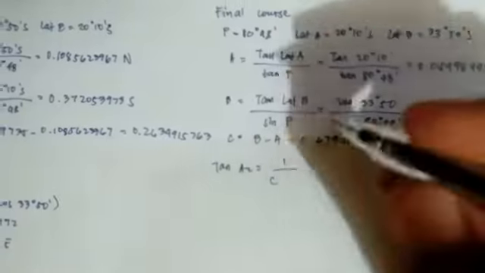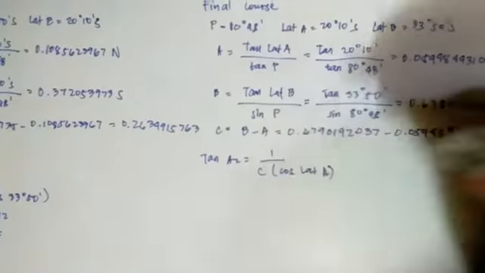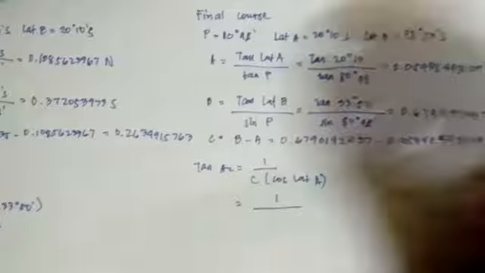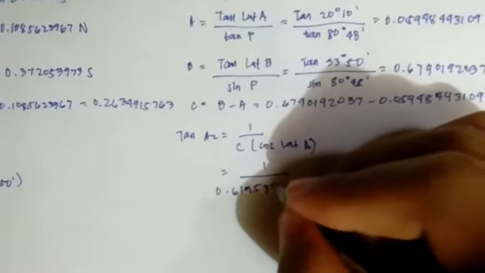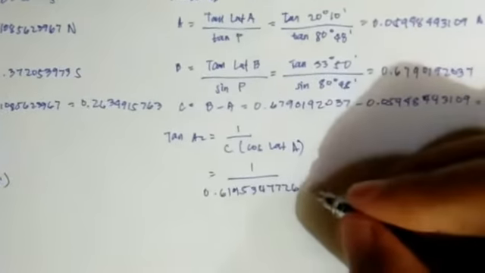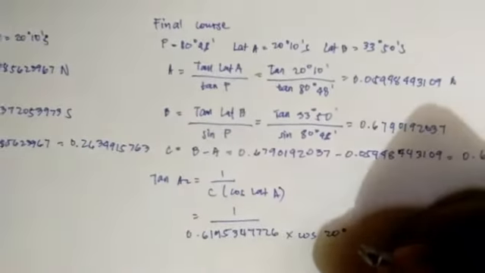And to finally get the degrees of our final course, we need to use tan AZ equals 1 over C multiplied by cos latitude A. So we have 1 over 0.61953477726 multiplied by cos, and the latitude A here is 20 degrees and 10 minutes.